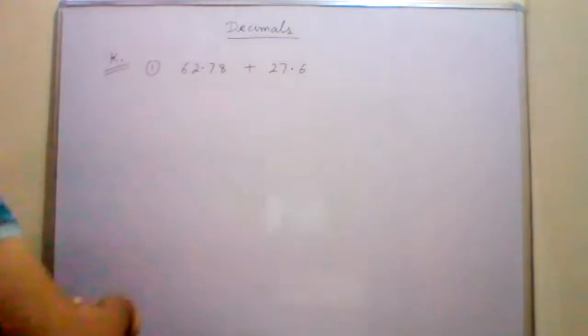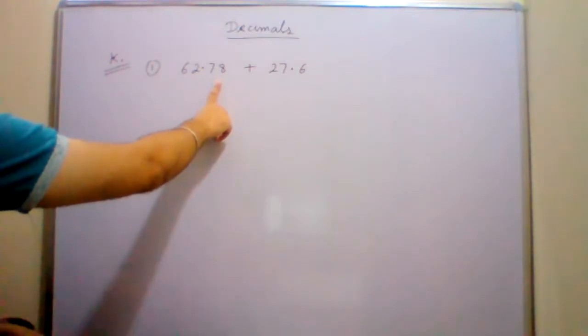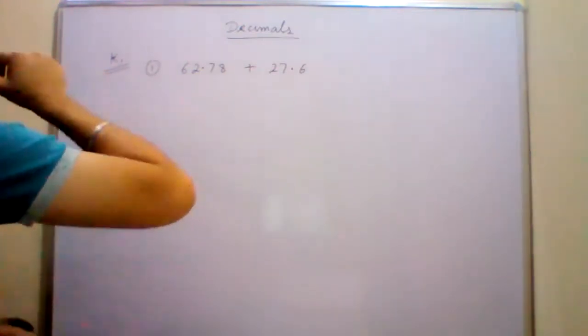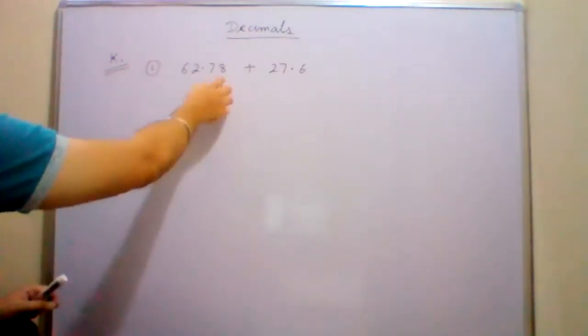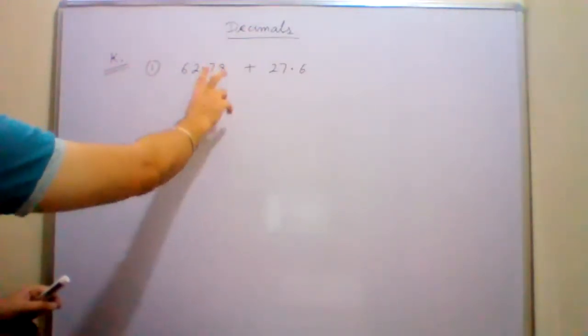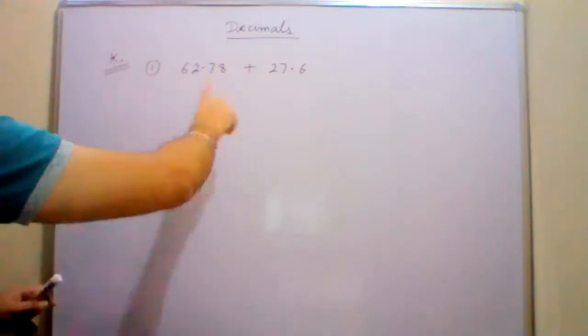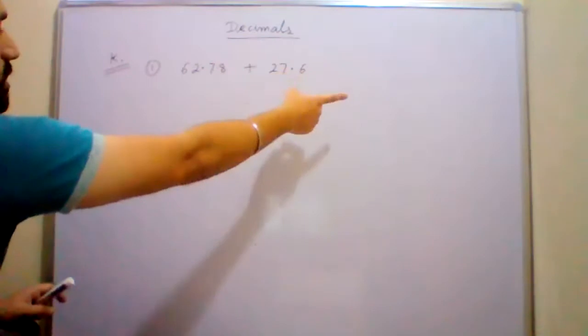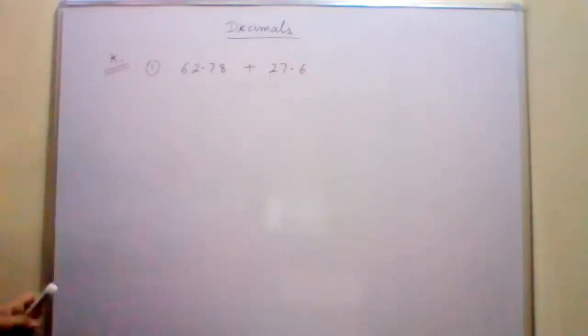What is the number of decimal places in the first number? Two. After the decimal, there are two digits, so we say there are two decimal places. In the second number, there is only one digit after the decimal, so there is only one decimal place.